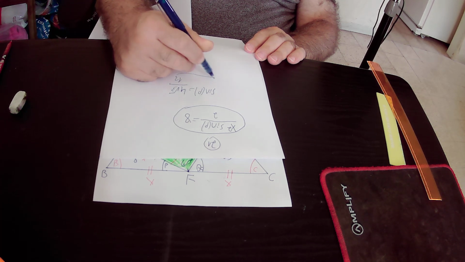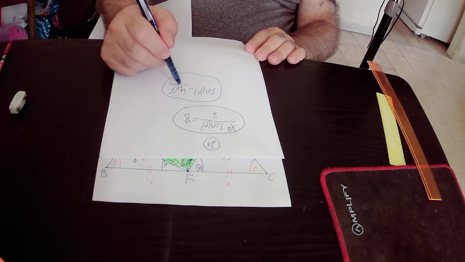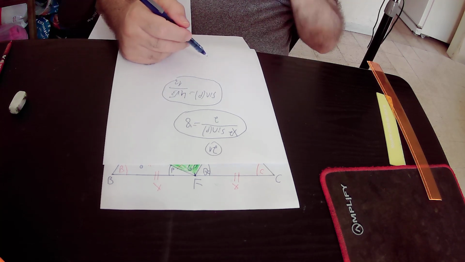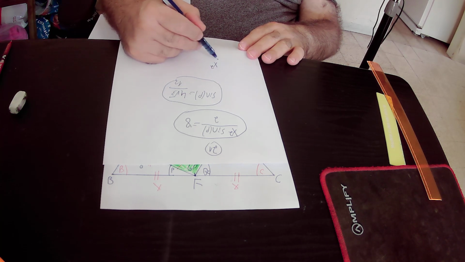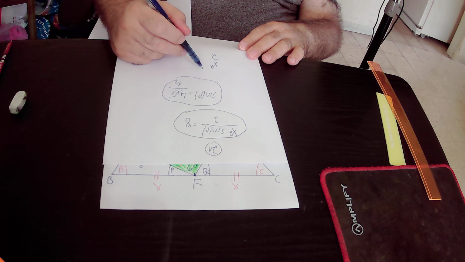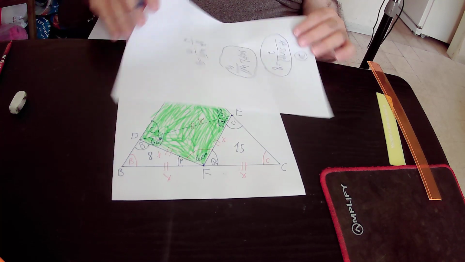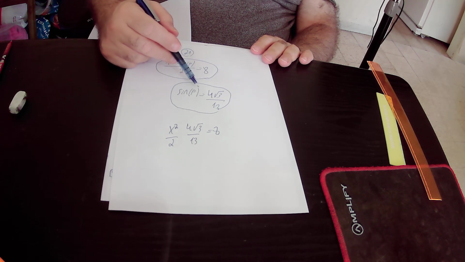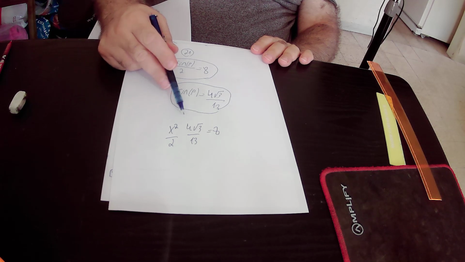So we can substitute sine P in this equality by the value of sine P, and we will find out that x squared over 2 times sine P, that is 4 times root 3 over 13, equals 8. Okay, we substituted sine P in this equality by its value, so we got this equality.